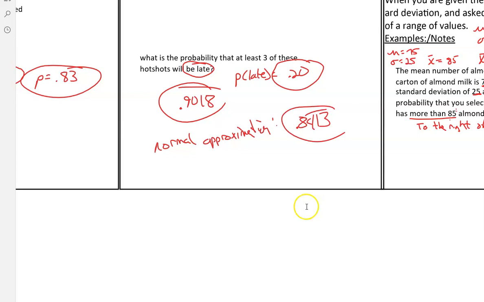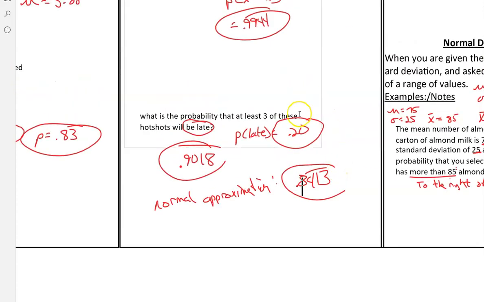So that would be my normal approximation of this problem right here. And the 0.9018 is more accurate. And the normal approximation is more for if you need to make an approximation, you don't have any way to figure out the binomial. But it is good to know, and I wanted to show you how to use the normal approximation to find one as well.